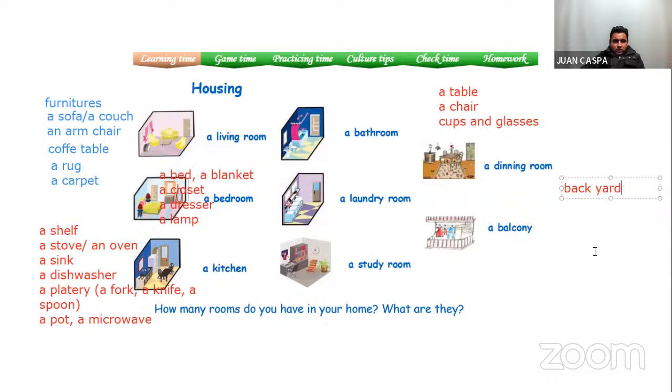Because usually there are some buildings, right? Generalmente ellos no tienen un patio grande, ¿no? Simplemente la casa está en el medio, porque por norma los edificios no se deberían construir ocupando todo el terreno, ¿no? Porque eso es peligroso.